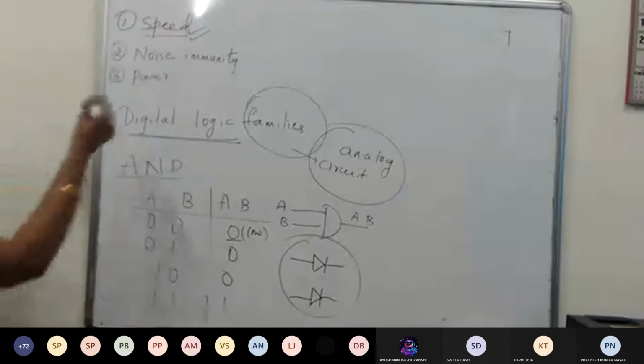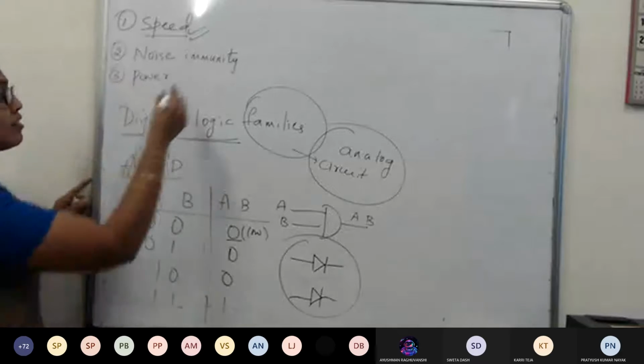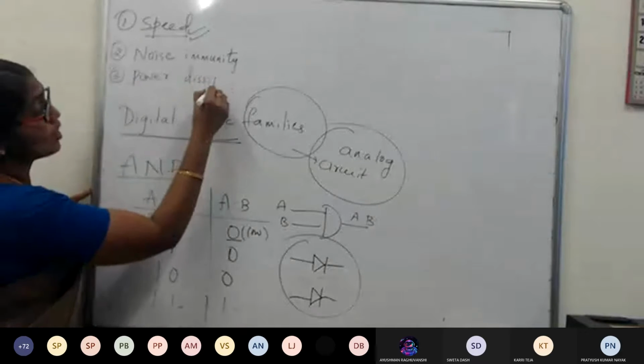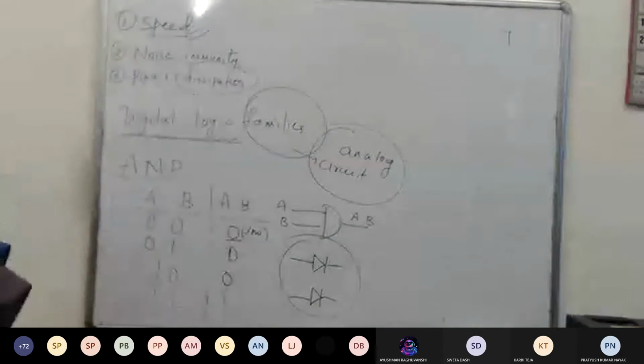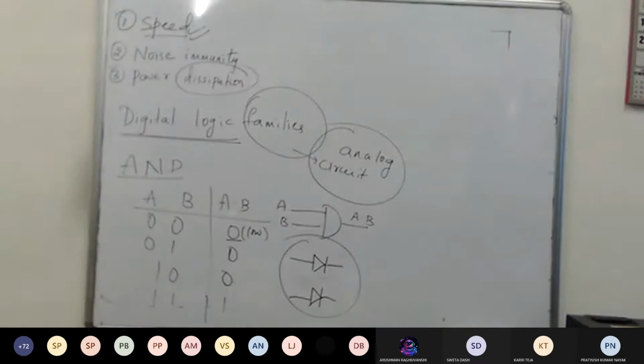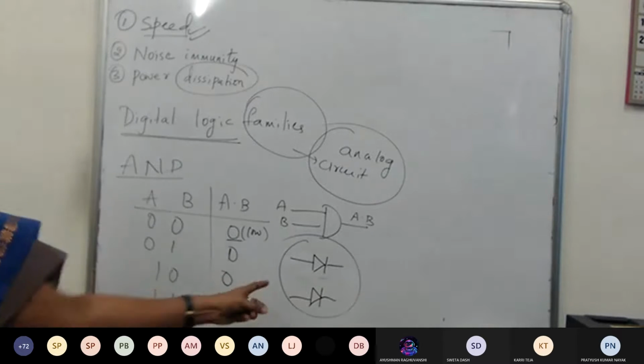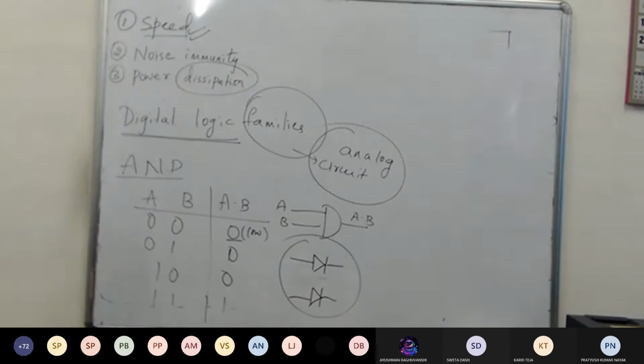Third factor, power, I told you. Actually power dissipation. This word is again very famous in your devices, isn't it? The device got heated up, the power got dissipated. So we have a power loss. These analog devices are prone to heating effects.